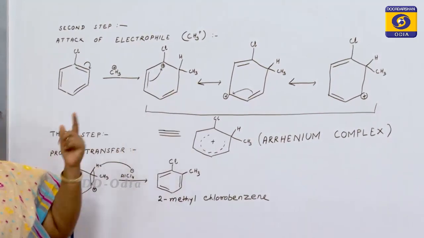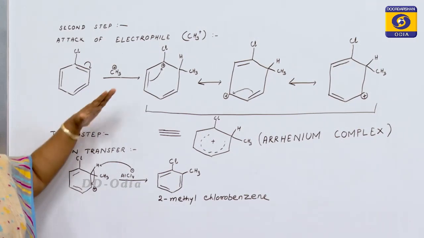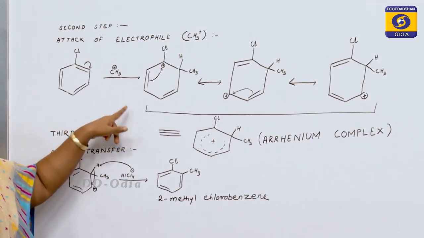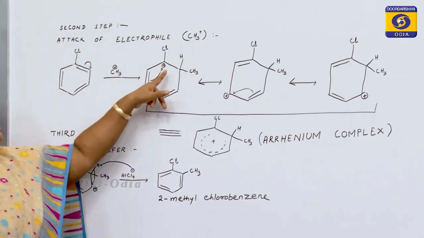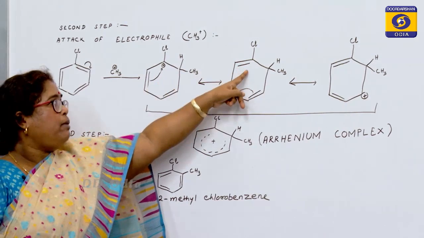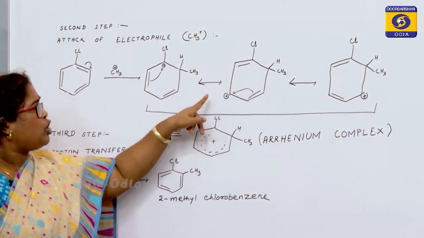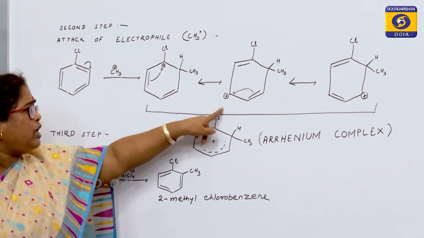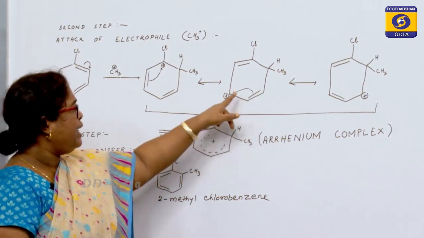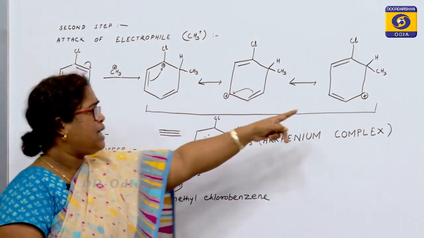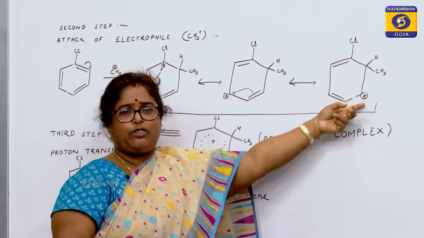All these are the resonating structures of this intermediate which is formed during the reaction. So, shifting of the electron pairs to this place takes place, a double bond is formed here, and it leads to the formation of a positive center here. Similarly, again the electron flow takes place and the plus charge is formed here.